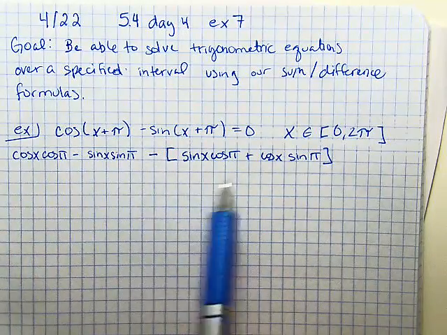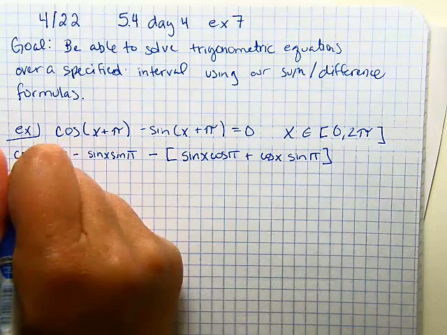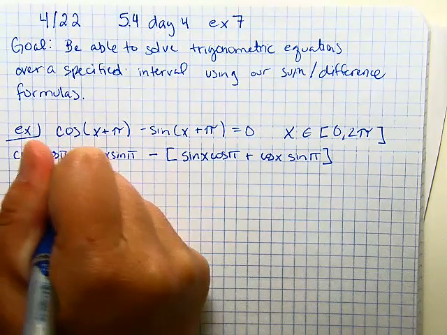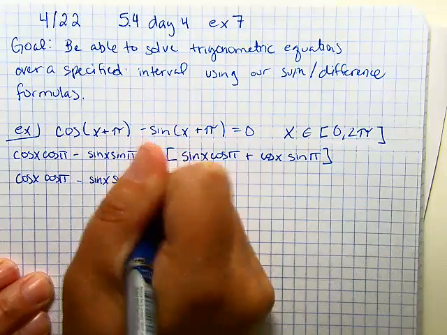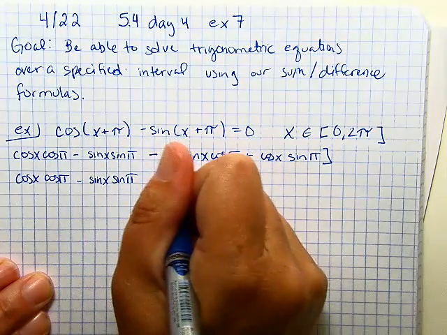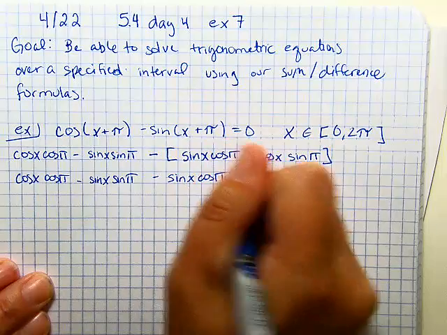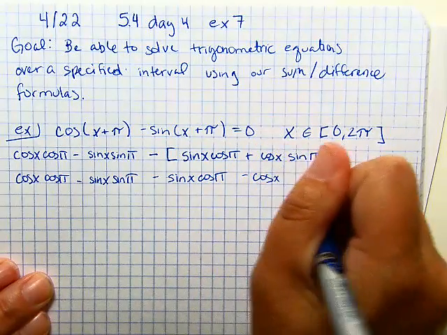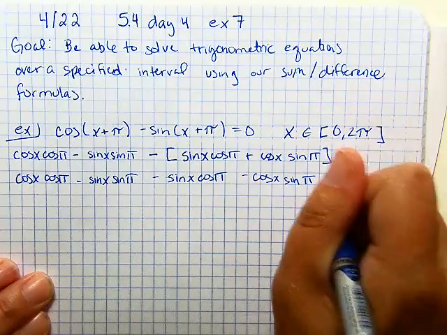Some of you maybe can do it in one step, but it sometimes gets a little bit confusing because there seems to be a lot of them. So I almost always, if it's a subtraction problem, just distribute. And then minus cosine x sine pi plus, and it equals 0.